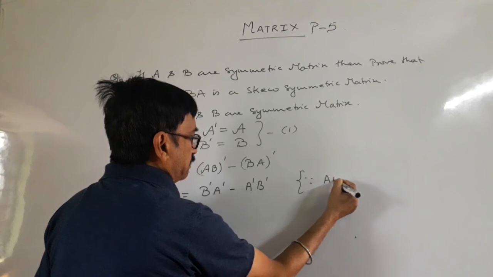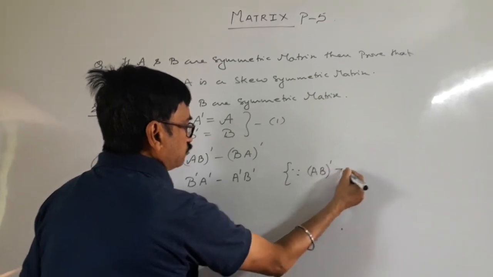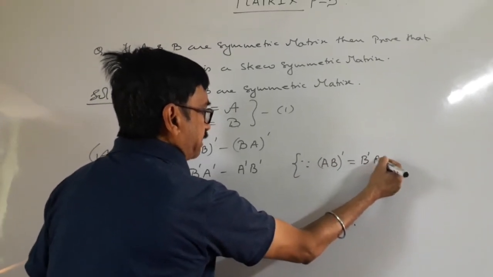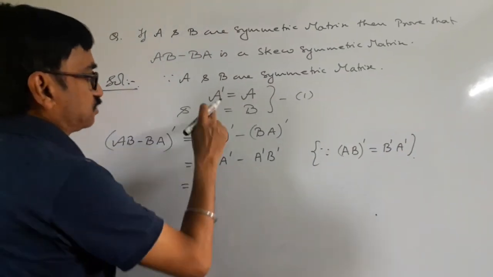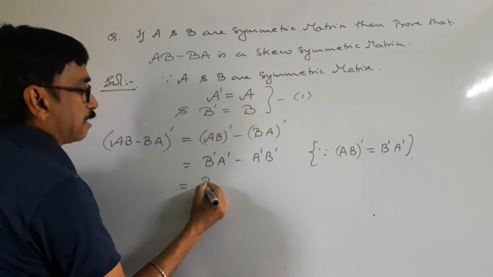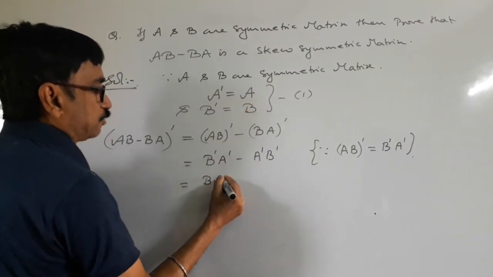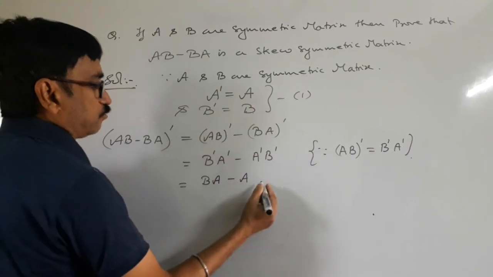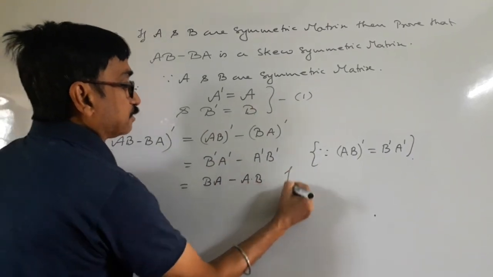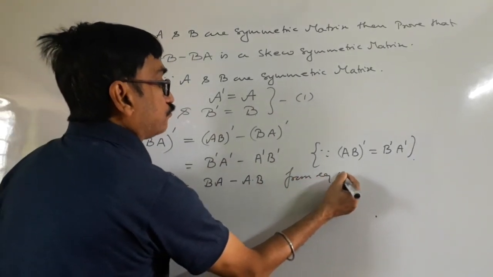Since AB the whole transpose equals B dash A dash, so now B dash is equal to B and A dash is equal to A, from equation 1.